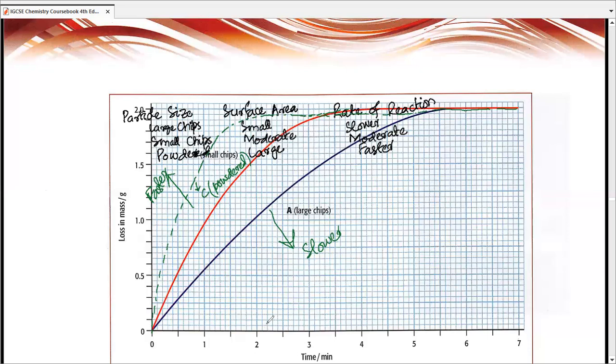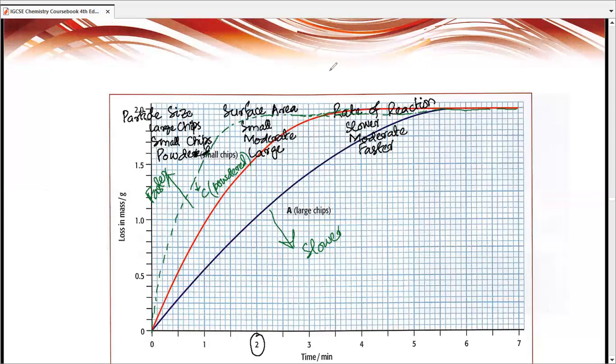How do we get to know that? You can do an easy assessment. Let me compare all three of these for you. And this time we're going to use black. Okay, so I'm going to draw straight lines. Let's say that we consider the point at 2 minutes for all three of these graphs.